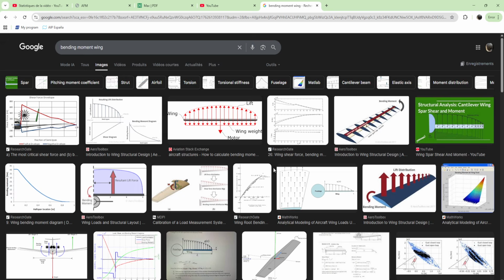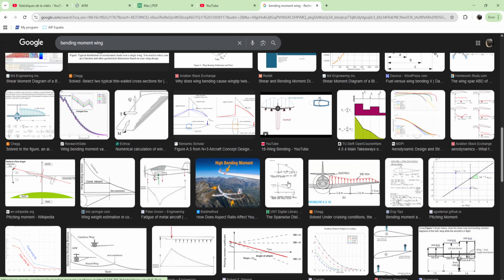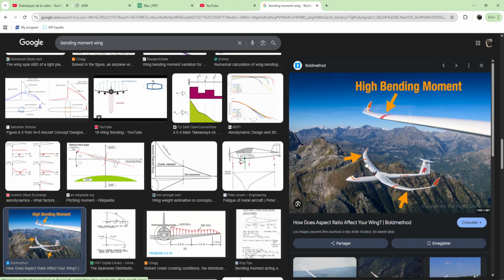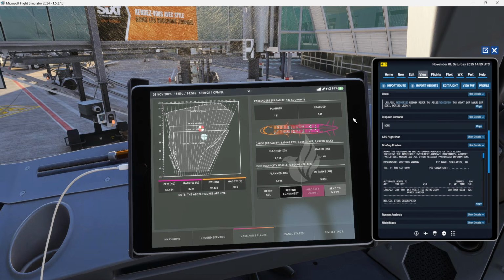When you see the wing is moving, if we pass the zero fuel weight, the wing is going to move very quickly. So to avoid this and to avoid structural damage, we need to calculate zero fuel mass. Okay, perfect. We are done with zero fuel mass.